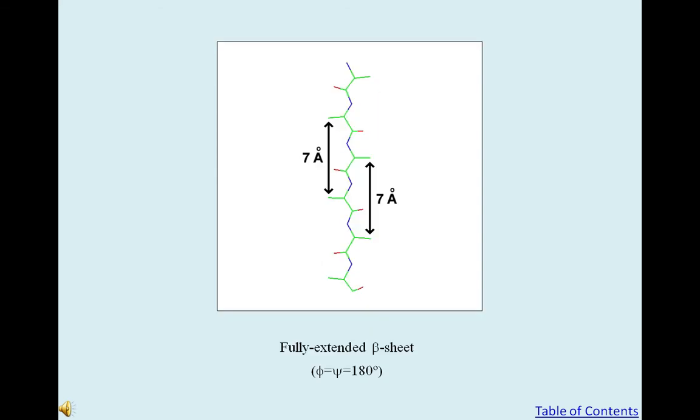Finding the first of our two key DNA dimensions in protamine, namely the 7 angstrom spacing between residues, is easy. The 7 angstrom spacing is found when protamine is configured as a fully extended, flat beta strand with phi equals psi equals 180 degrees.